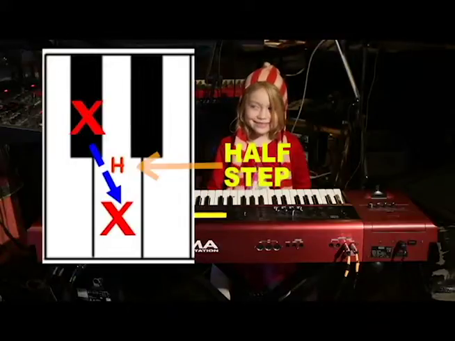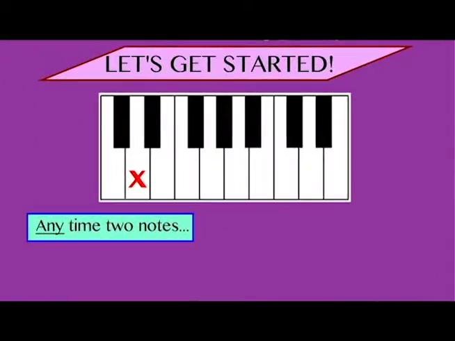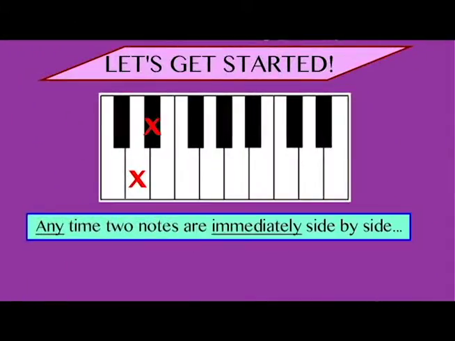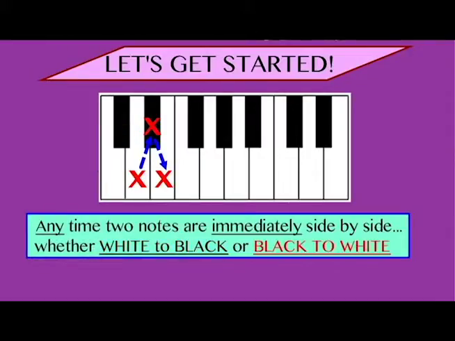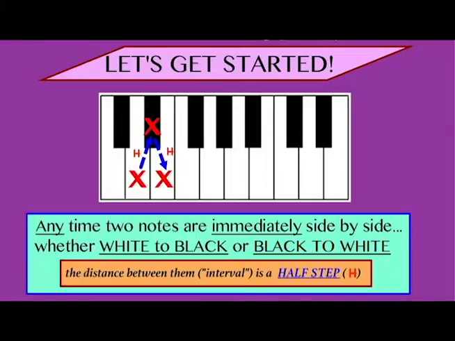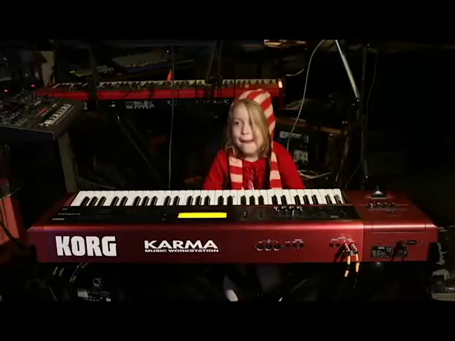Yay, little h. Anytime you've got 2 notes that are immediately side by side, right, like that, I call it next doorsies. Whether it's white to black or black to white, we call it a Half step. Very good.